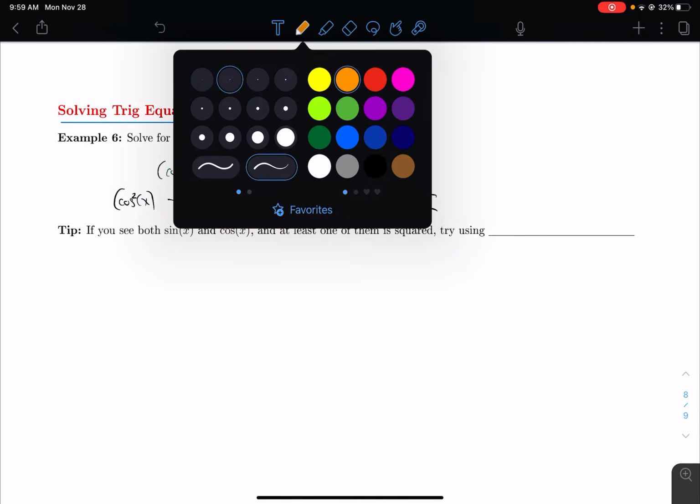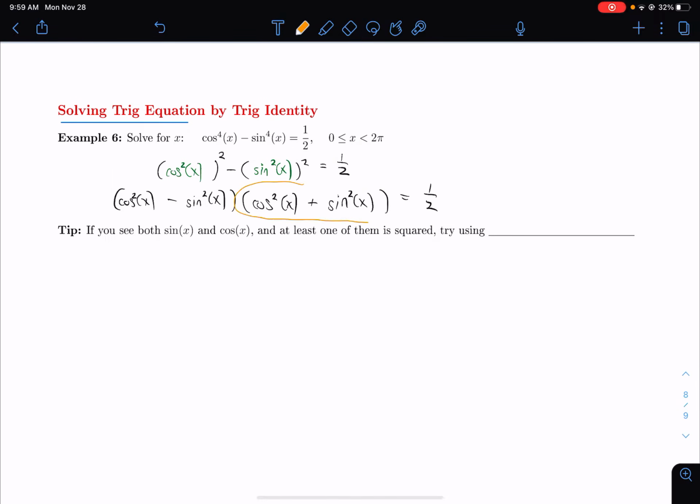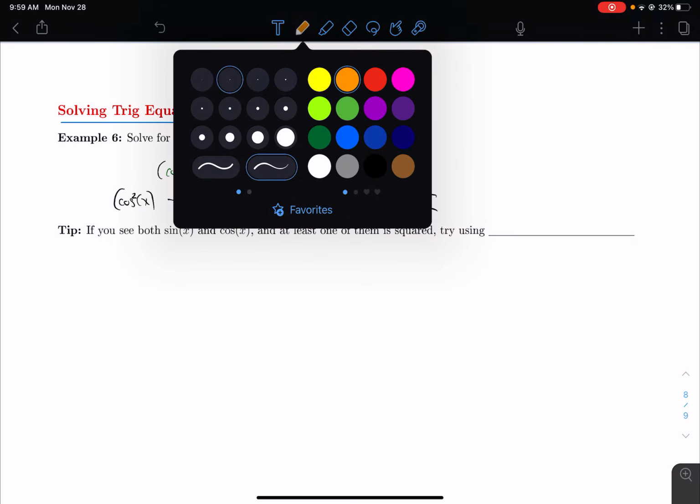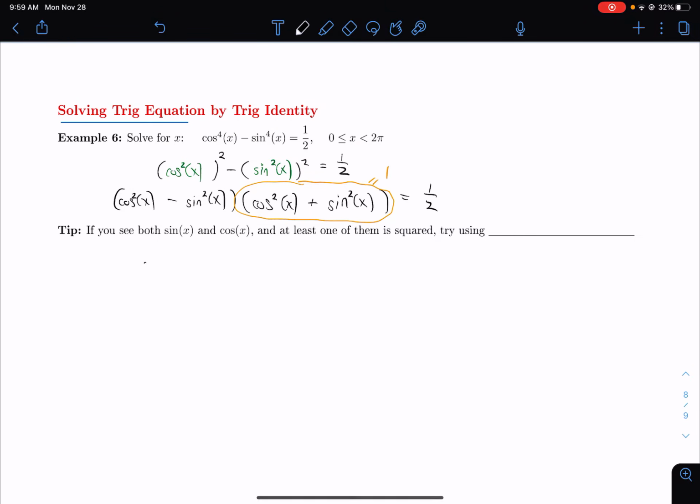And this is really nice because the thing in the second parentheses, cosine squared x plus sine squared x, just equals 1. So that's leaving us with cosine squared x minus sine squared x equals 1/2.